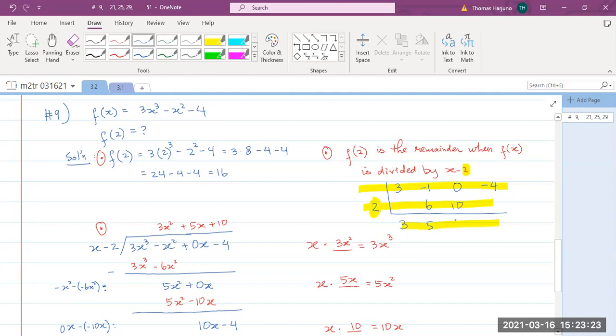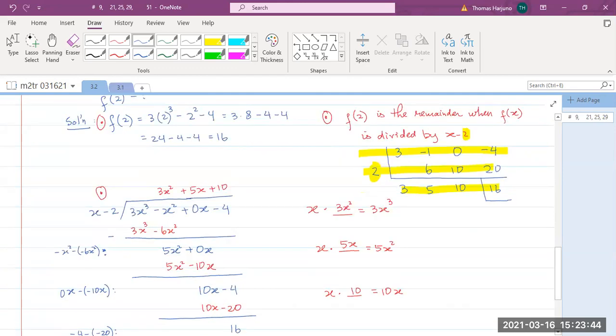You add that again, you get 10. 10 times 2 is 20. You add that again, you get 16. Now, the last number on the last row, you always box that separately.